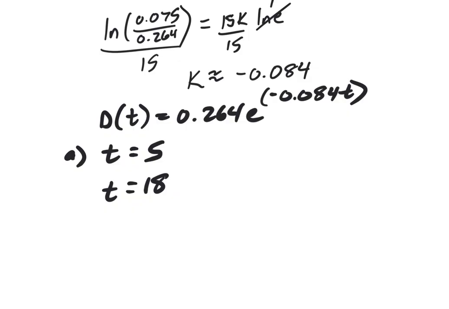So we're going to put this into our calculator, into our y equals. You could put each one of those in individually, but if I have to evaluate multiple things, I think it's easier just to put this equation in and then go to my table and get the answers right off my table.